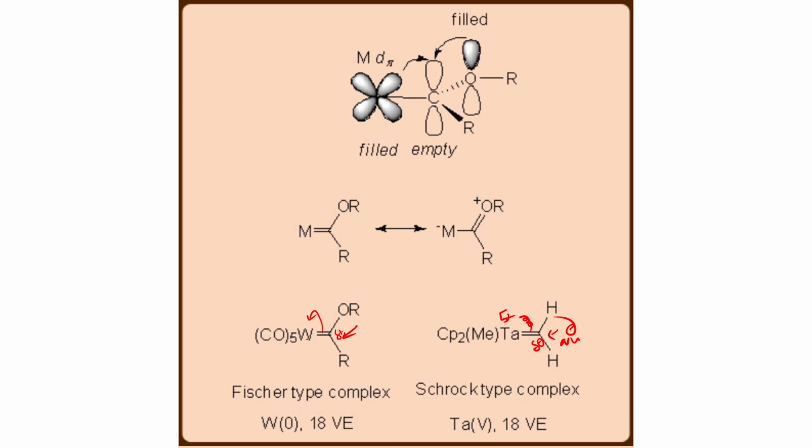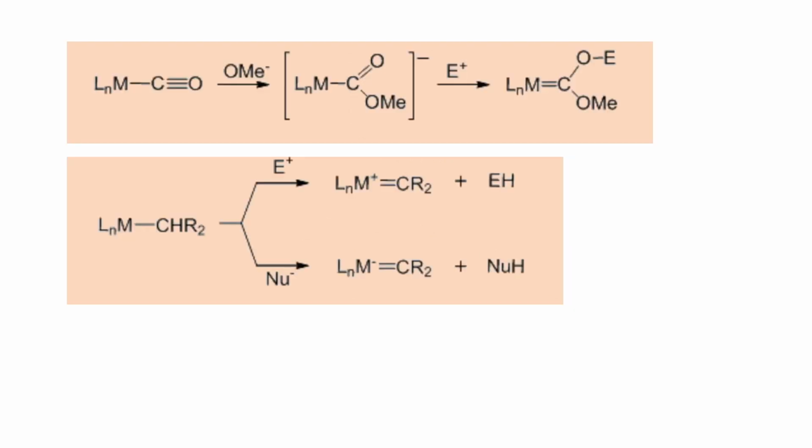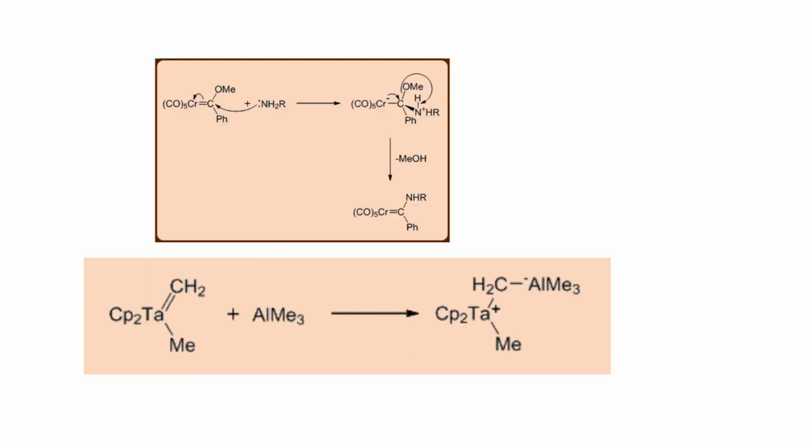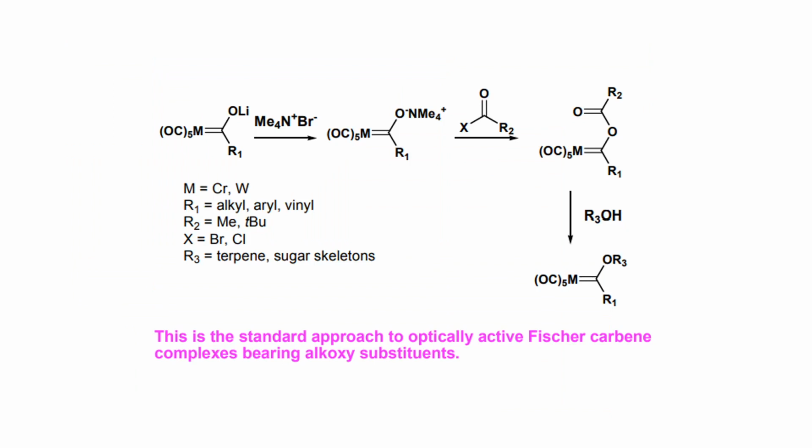So in that way the reactivity is different. Now these are two options, so it can react with an electrophile or a nucleophile, and ultimately gives this kind of thing. So it's fine, and it is another way to make carbenes.